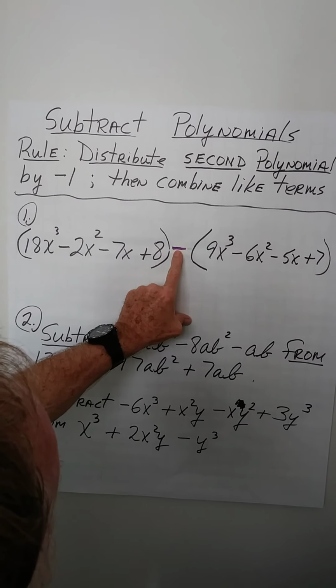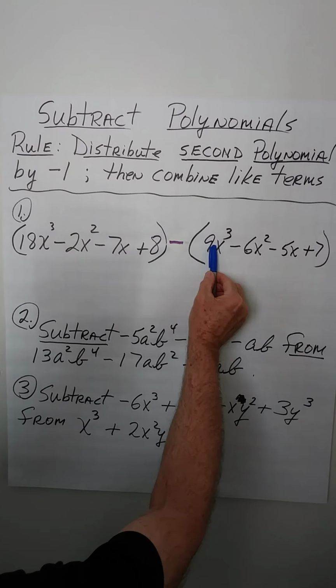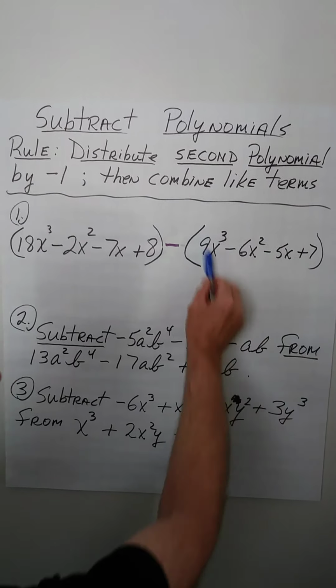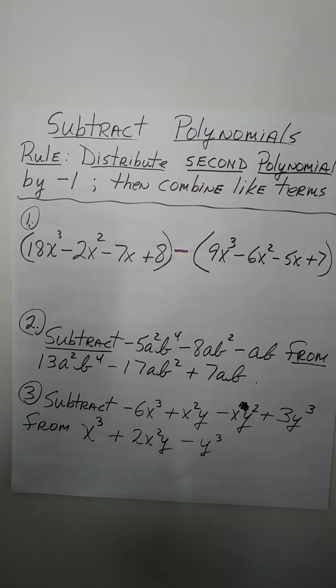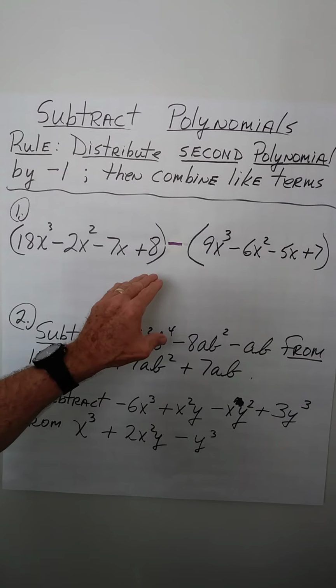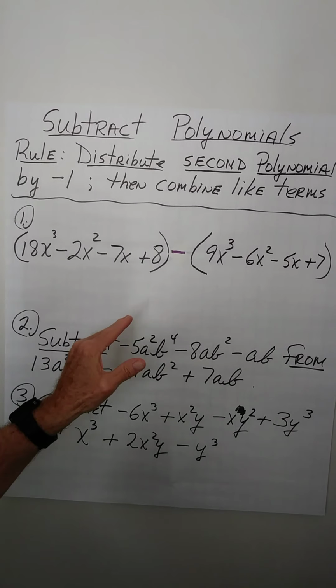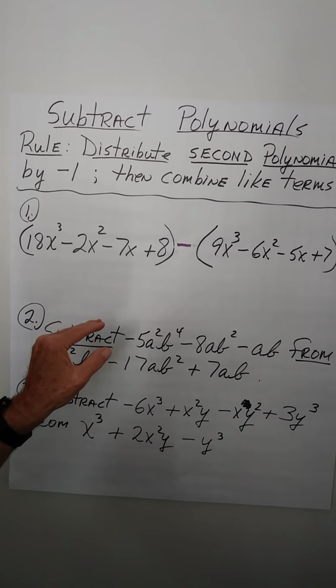The minus sign goes to a plus, and then each and every term of the second polynomial goes through a sign change. You would change that sign, that sign, that sign, and that sign. That's the rule of subtraction. We're going to accomplish the same thing, but with maybe a little bit less work.